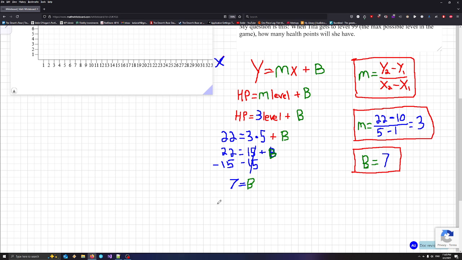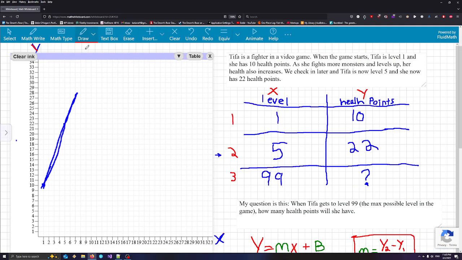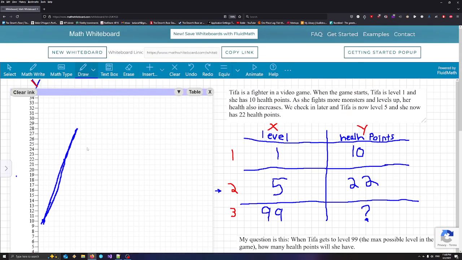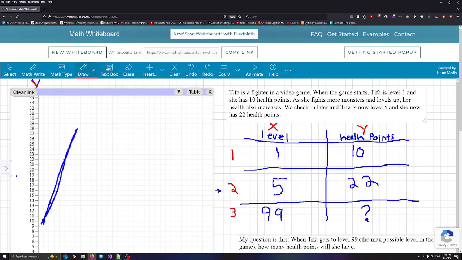I'll write it both ways. So y is equal to m. So our slope is 3. Y equals mx plus b. And b is 7. So we're going to put that in there.